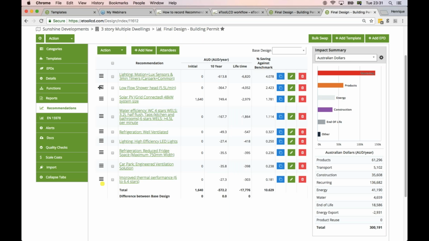So in this case here, we should invest on lighting controls first, and then invest on low flow shower heads, followed by solar PV. So a very nice way to give more tangibility to help you convince your client or support their decision-making process. Okay.